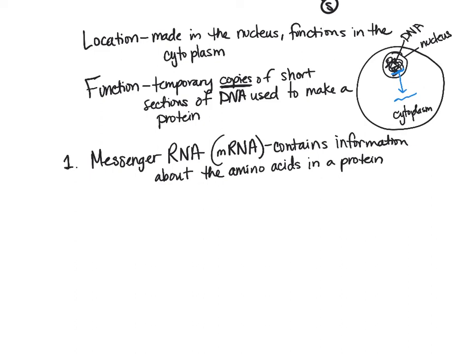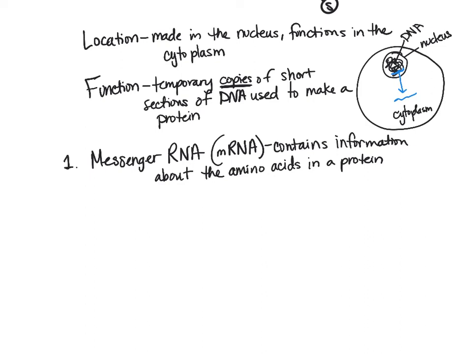So messenger RNA, as its name implies, is actually just a messenger. So it takes the information that's stored in DNA, it copies it down, and it's going to act as a messenger. It's going to leave the nucleus and bring that information into the cytoplasm. And the information that it's bringing is what kinds of amino acids we need to put together in a chain to make a particular protein.